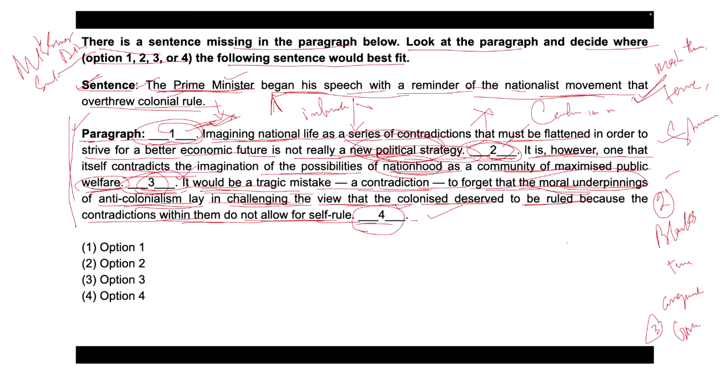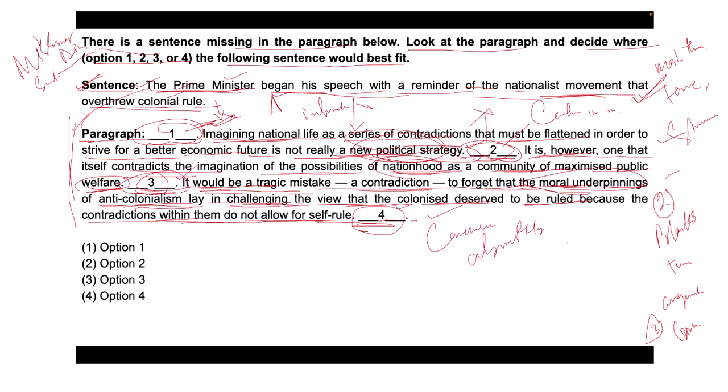Now, looking at blank 4, placing the sentence at the end of the passage would not fit as it would make the conclusion come abruptly, right? So without linking effectively to the preceding argument.